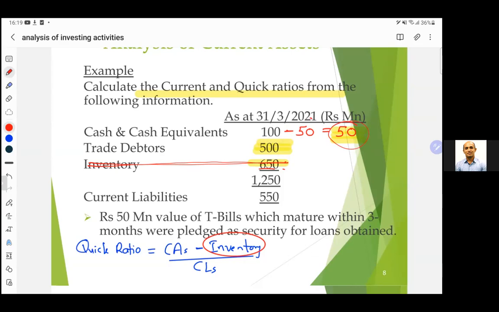Then quick ratio is this 50 plus 500, 550, divided by current liabilities 550. Quick ratio is 1.